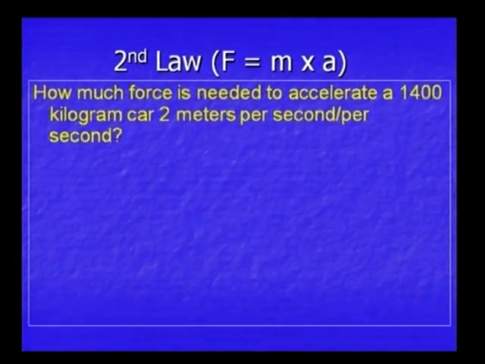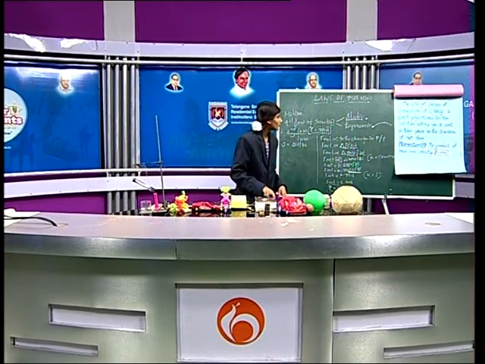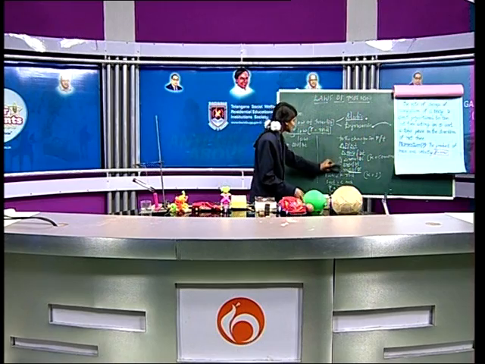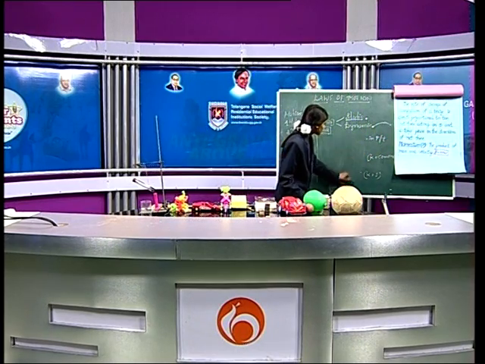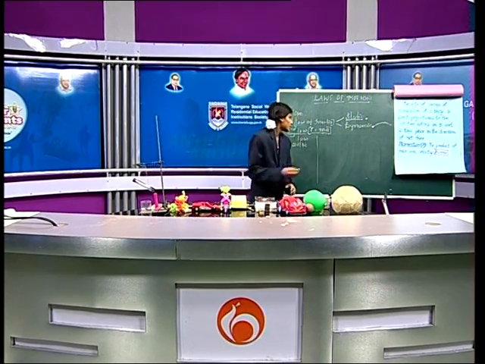See the slide. How much force is needed to accelerate a 1400 kg car 2 meter per second per second? It means here they have given in the question the mass and the acceleration. Now we have to find the force, how much force is applied on the car. So, first we know the formula. What is that formula? The formula is F equal to ma.